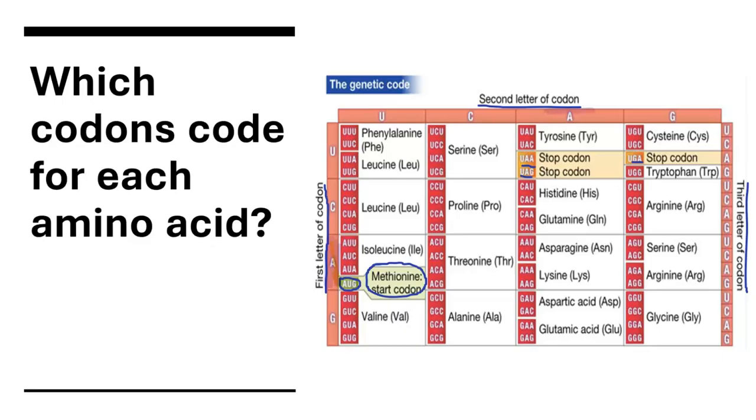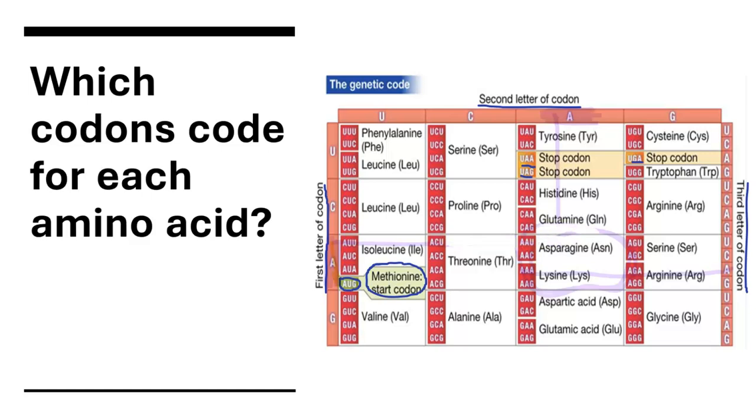And then our second letter is also A, so we want to go across until we get to that A block and then come down. Then our third letter is A, which is right around there. So we should sit in this block right here. And we see that AAA stands for lysine.